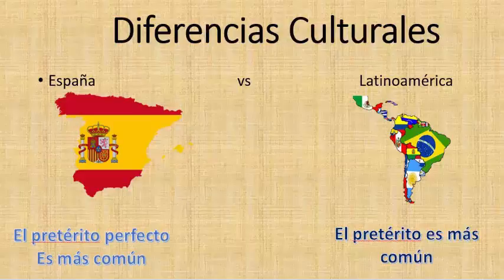So on a daily basis, this is much more commonly used in Spain, talking about things that I did today, things that I did this morning, this afternoon, tonight, or if I've yet gone to bed. We use the pretérito perfecto in Spain much more than we would in Latin America.